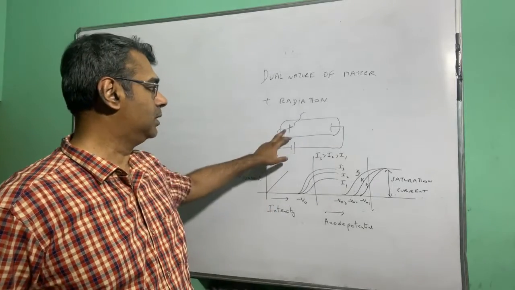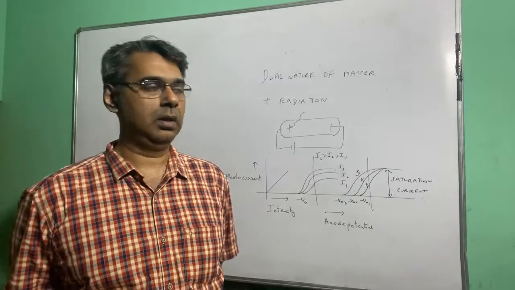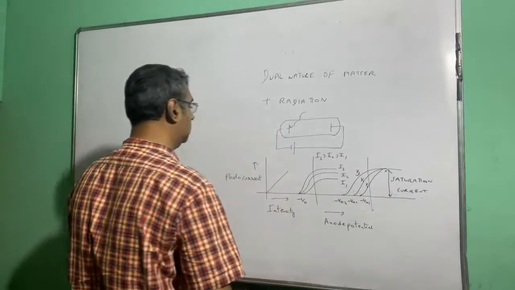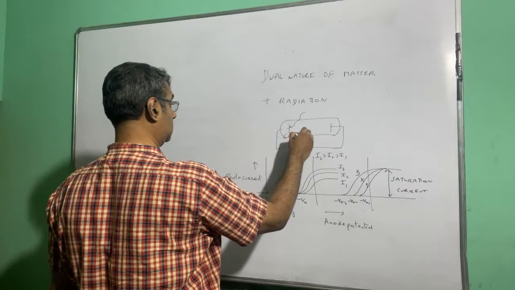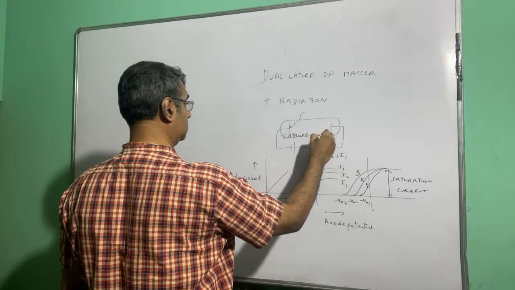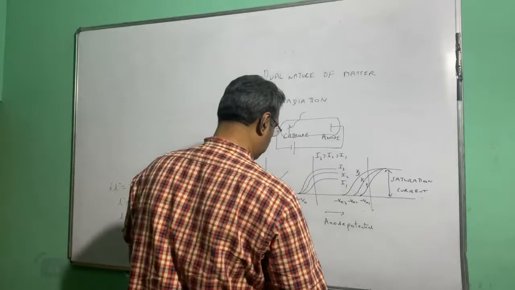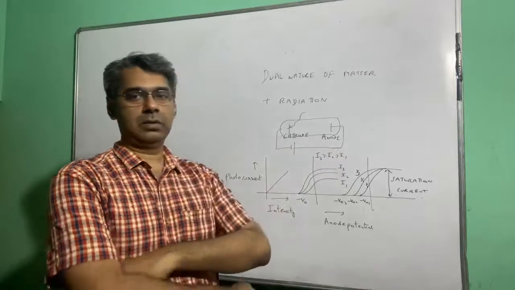There are two terminals inside this glass tube. The terminal which is attached to the negative of the cell is called the cathode, and the terminal which is attached to the positive of the cell is called the anode.